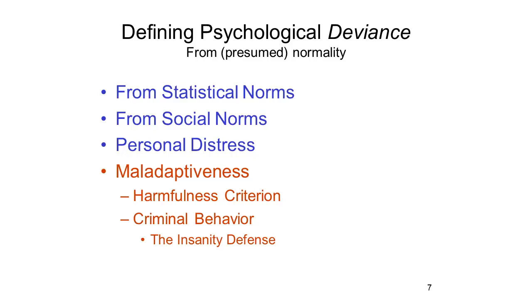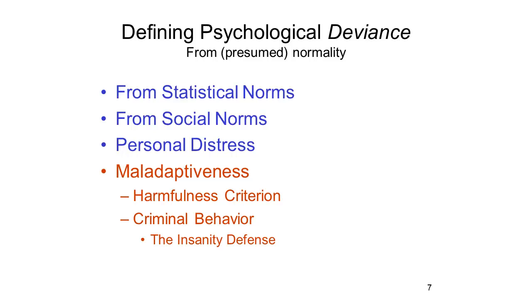On the other hand, not all maladaptive behavior is a sign of mental illness. Criminal behavior is maladaptive, harmful to the people against whom the crime is perpetrated, and harmful to the criminal when he or she is caught and prosecuted and punished. But we do not label all criminal behavior as the product of mental illness.